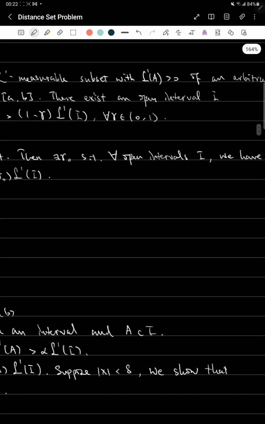And then let's make use of the outer regularity of the Lebesgue measure.